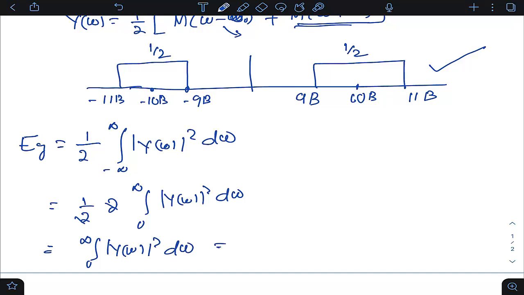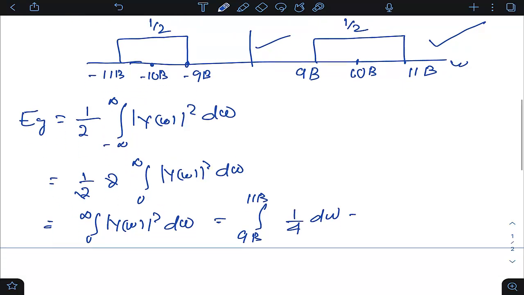If you check 0 to infinity, you just have to consider the positive frequency only. So here the frequency range is 9b to 11b and for Y(omega) square, half square is 1 by 4, and this is d omega. If you simplify this, this is 1 by 4 and if you substitute the limit, it is 11b minus 9b. So that happens to be 2b by 4.